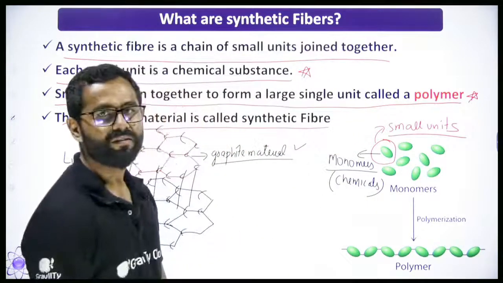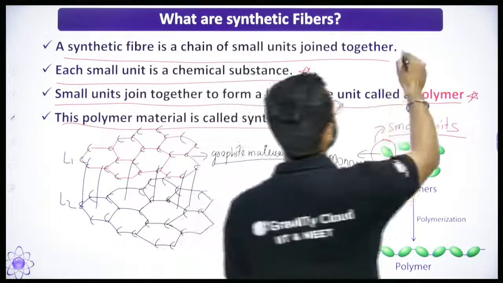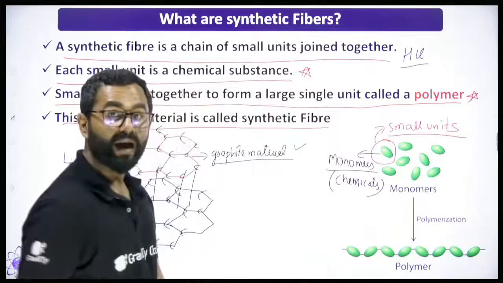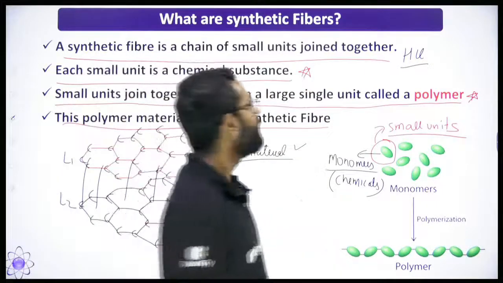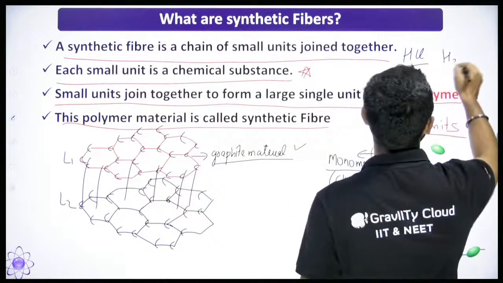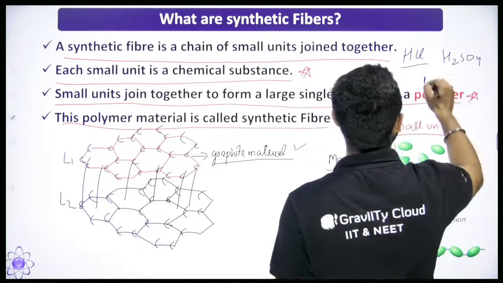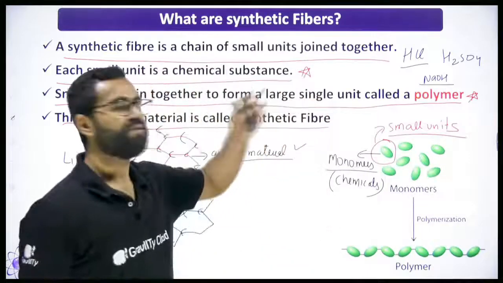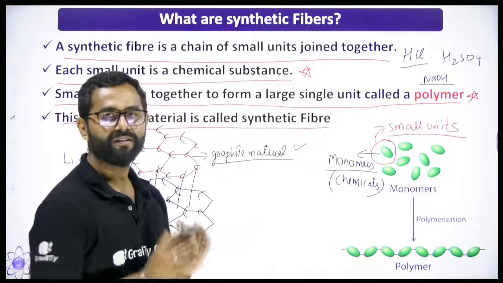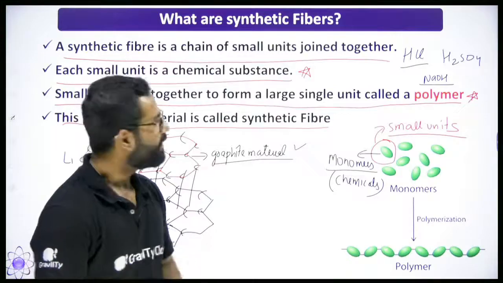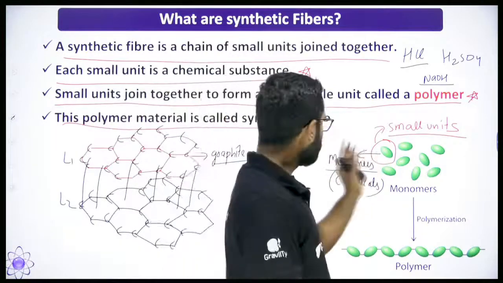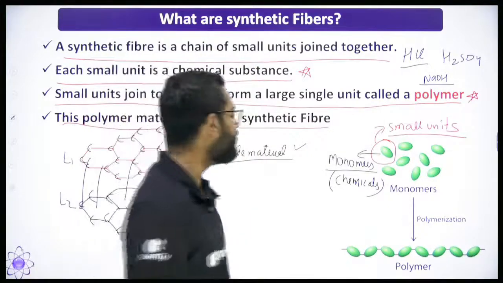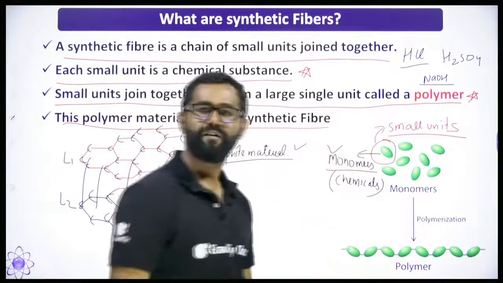When I say chemicals, for example HCl, hydrochloric acid, H2SO4, sulfuric acid, NaOH, sodium hydroxide, all these are chemical substances, right? Similarly, the monomers in synthetic fiber are actually chemicals only.